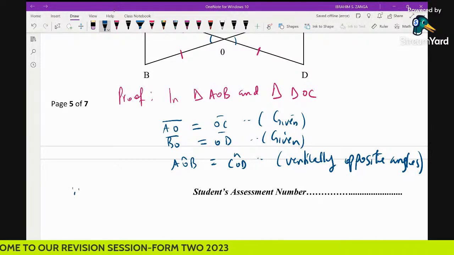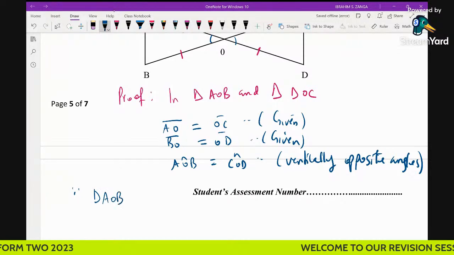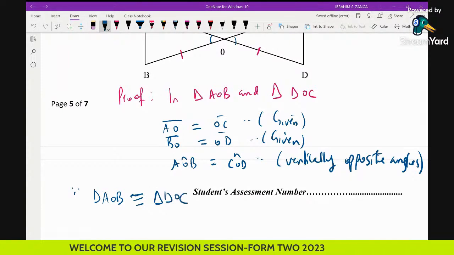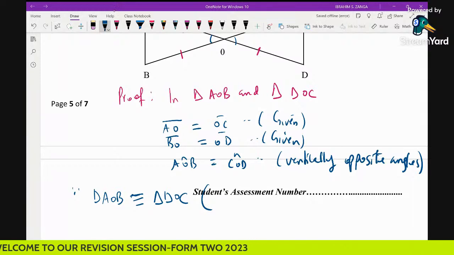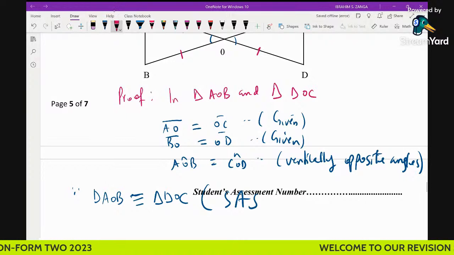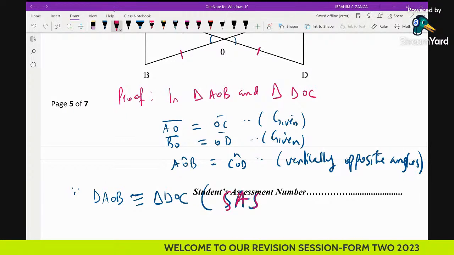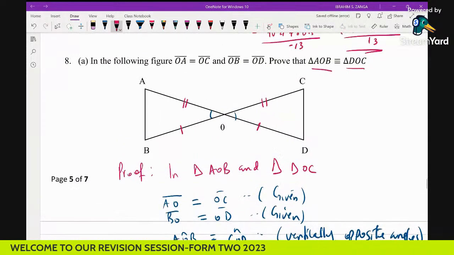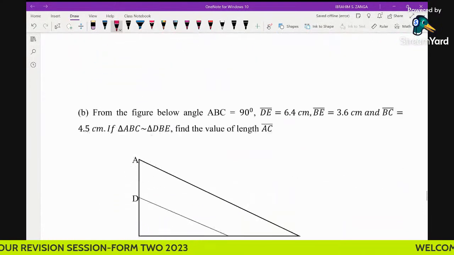So we can conclude, therefore, triangle AOB is congruent to triangle DOC by side angle side theorem. So by this theorem, these two triangles actually are congruent.